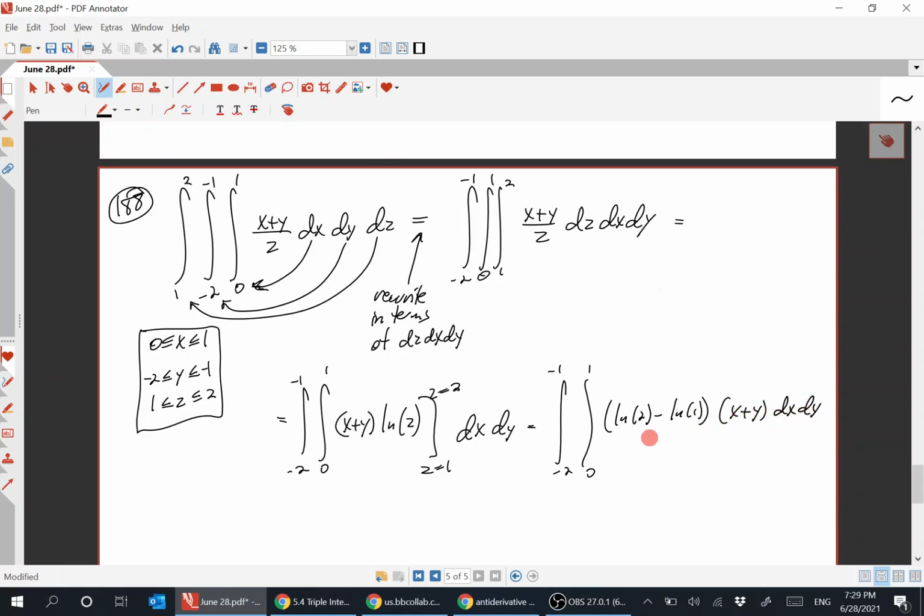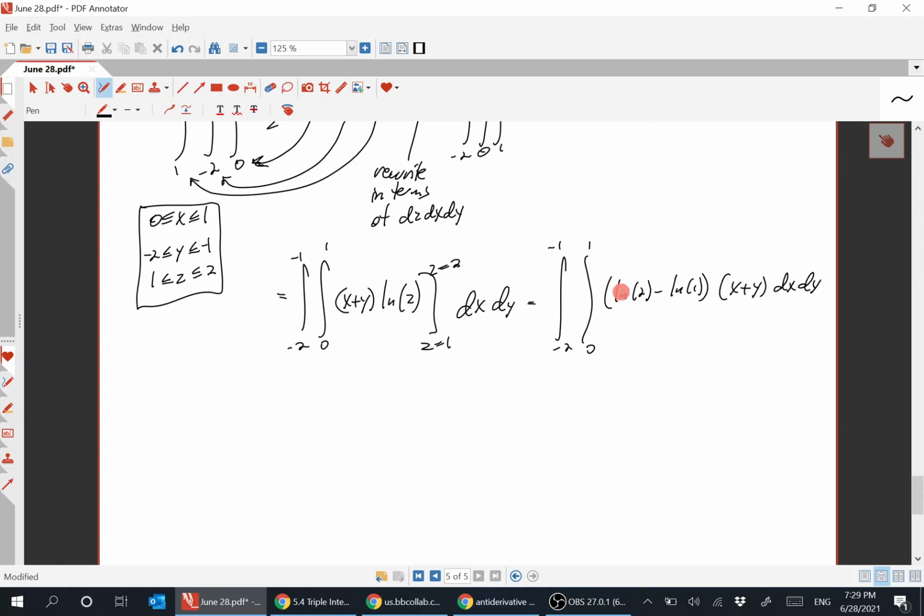Natural log of 1 is 0, so we just have natural log of 2 times that. So I'm going to bring the natural log of 2 out front. Now it's the integral from -2 to -1, integral from 0 to 1, x plus y dx dy.